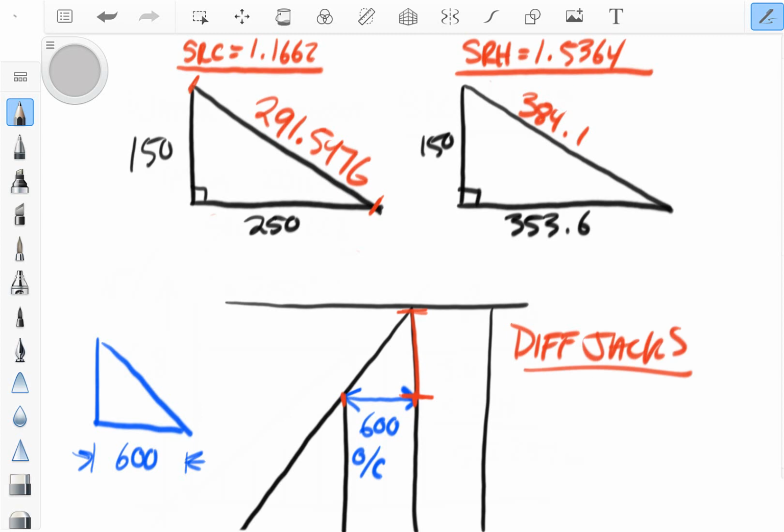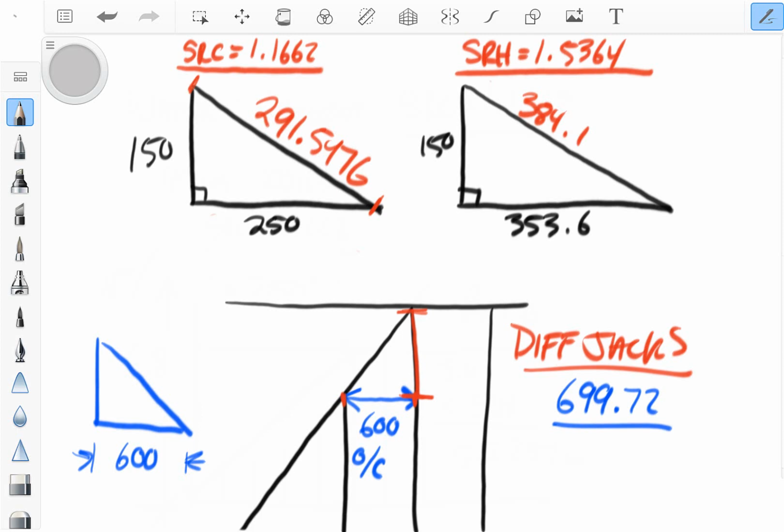We simply take our 600 millimeters, and I'm doing this in my calculator, 600 times our slope ratio common, which is 1.1662, gives us a difference in jacks of 699.72.